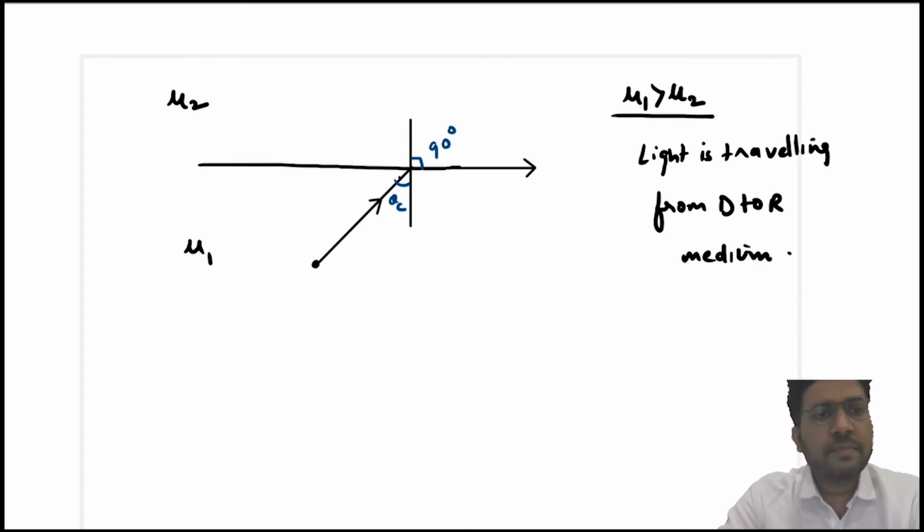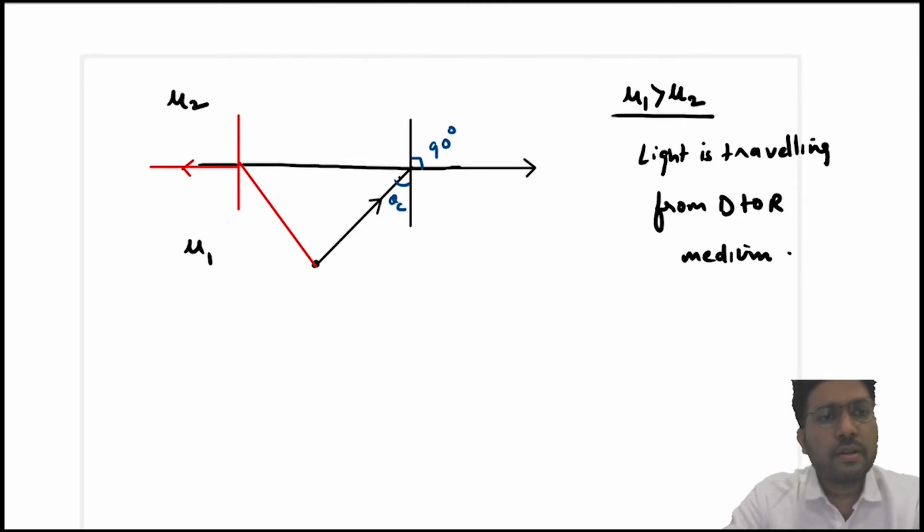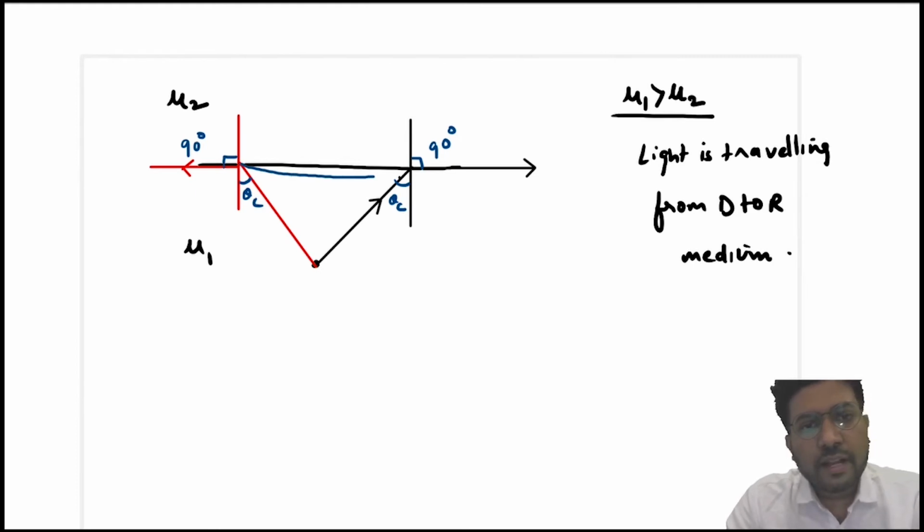Okay, the same thing can happen on this side also. In fact, in 3 dimensions it will form a cone, and this angle is again theta c, and this angle is 90 degrees. Okay, then we need to find this radius.